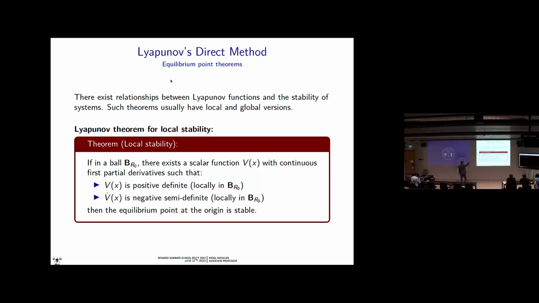So if in a ball, which is just an invariant set, there exists a scalar function V(x) with continuous first partial derivative such that V(x) is positive definite, and V dot (x) is negative semi-definite within this ball, a certain region, then the equilibrium point at the origin is stable.